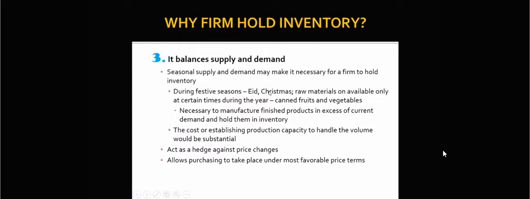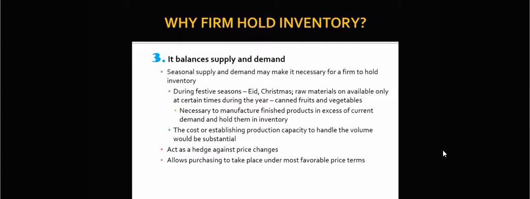Okay, so seasonal supply and demand may make it necessary for a firm to hold inventory. Jadi bila permintaan yang bermusim ni tadi, okay, dia mengikut keadaan je. Contoh bila berlaku perayaan raya lah kat Malaysia ni. Raya, cuti Christmas, cuti Tahun Baru Cina, cuti Deepavali kadang-kadang.